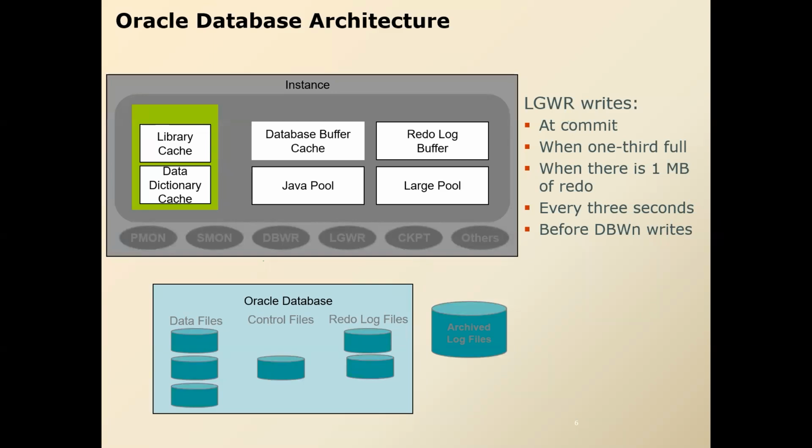The Goldengate processes read the data from these transaction logs, capture the changes, and then those get applied on the target database.